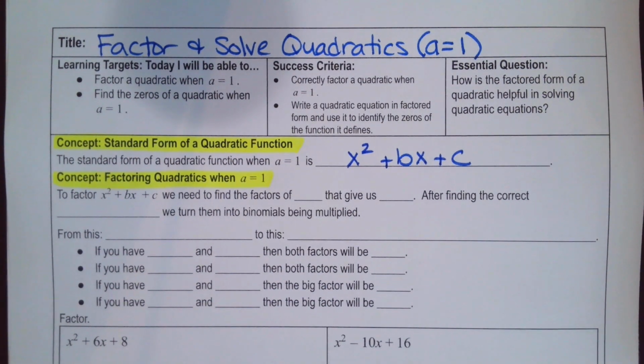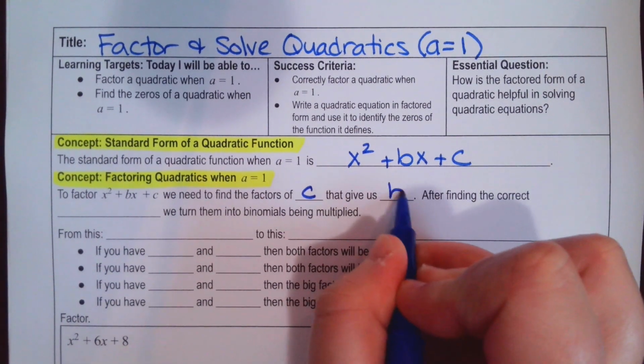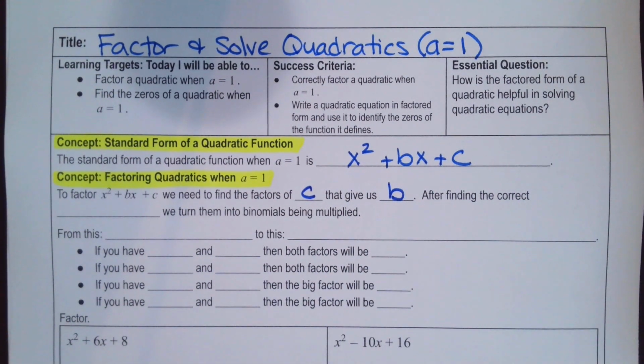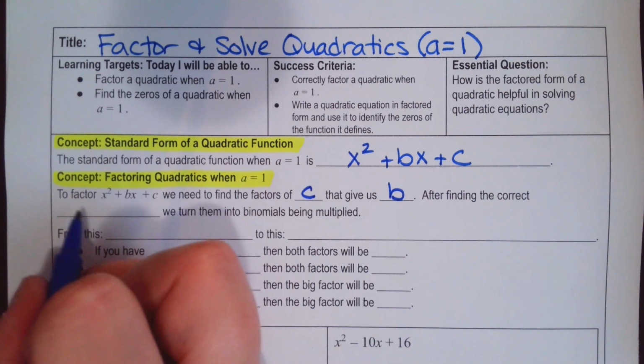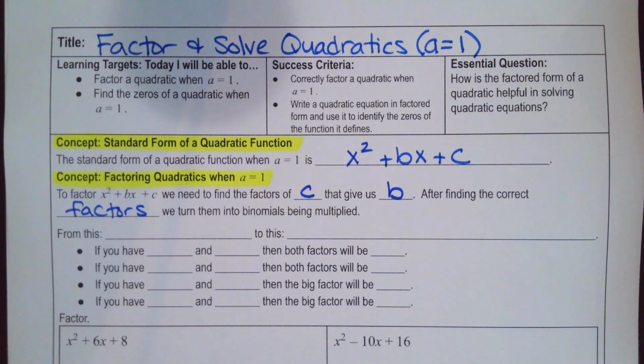So we're going to start with factoring. Factoring quadratics when a is equal to 1. To factor x squared plus bx plus c, we need to find the factors of c that give us b. After finding the correct factors, we turn them into binomials being multiplied.